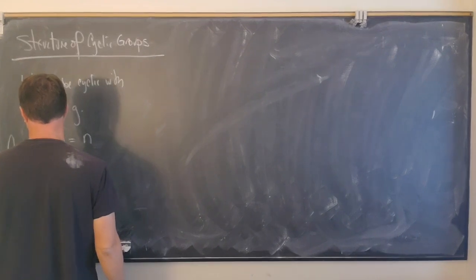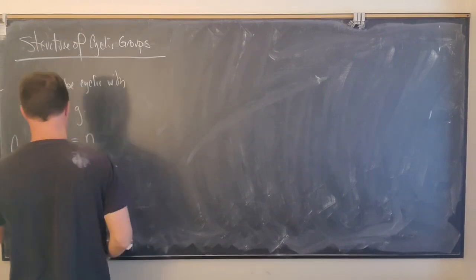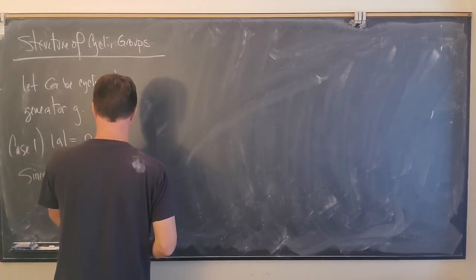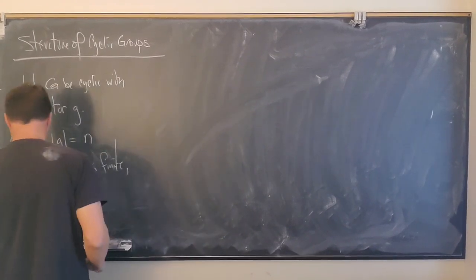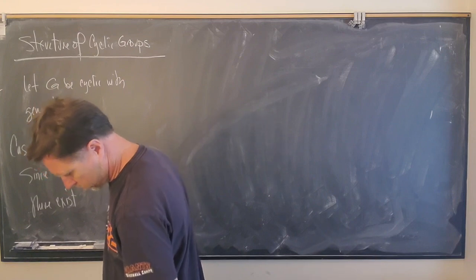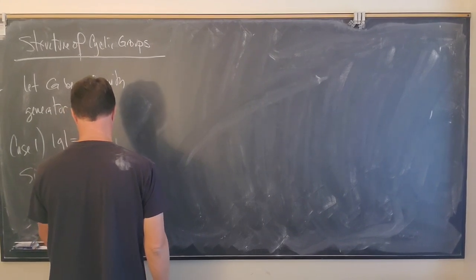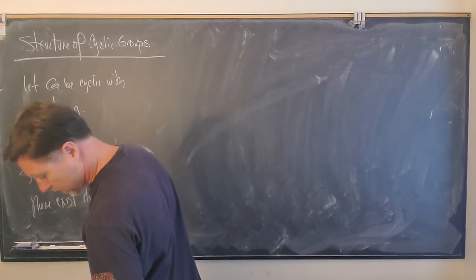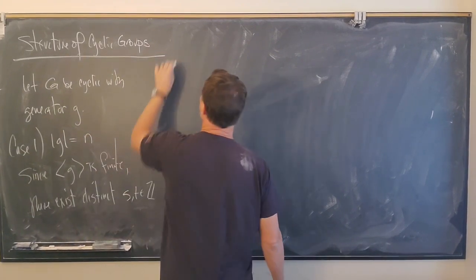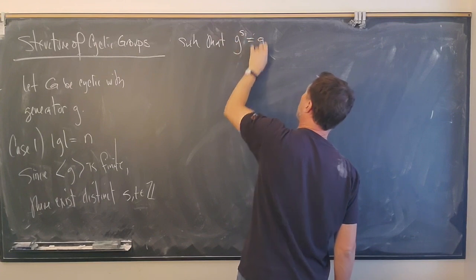Since the subgroup generated by g is finite, there exist distinct integers, let's call them s and t, so there exist distinct s and t in Z, such that g to the s is equal to g to the t.